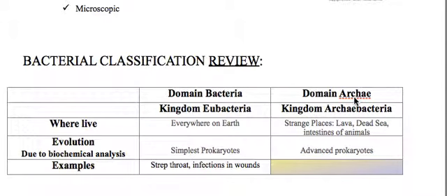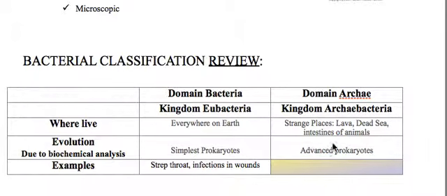The domain archaebacteria, which is kingdom archaebacteria, they live in very strange places. They live in lava, the Dead Sea, and they are in your intestines. And the main bacteria that lives in our intestines in this group is called E. coli. You may have heard of that before. It causes food poisoning if the meat was not cut properly.